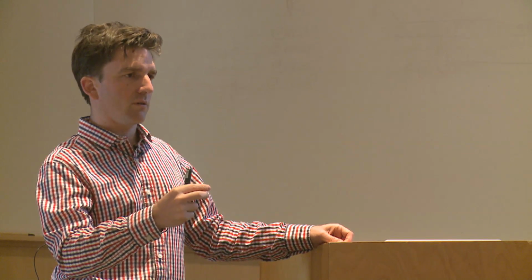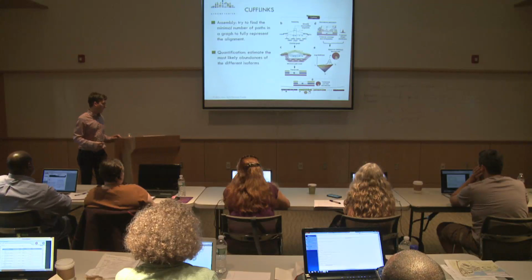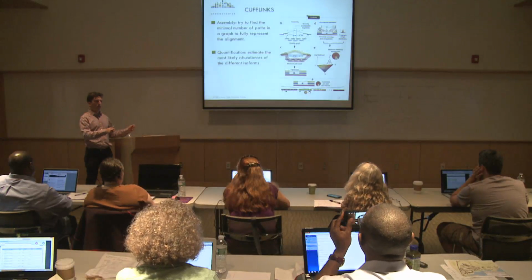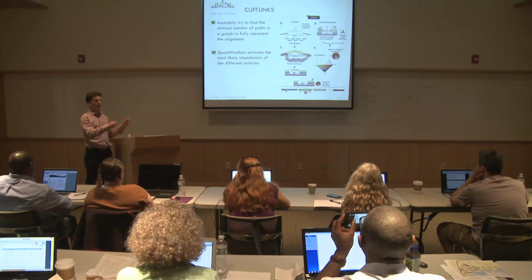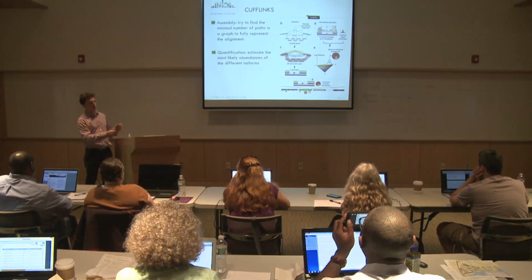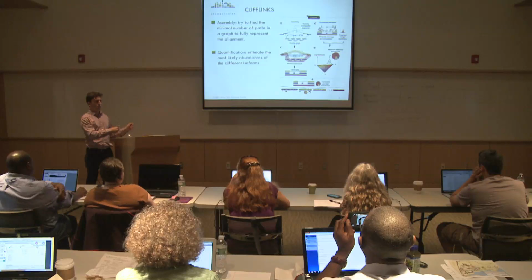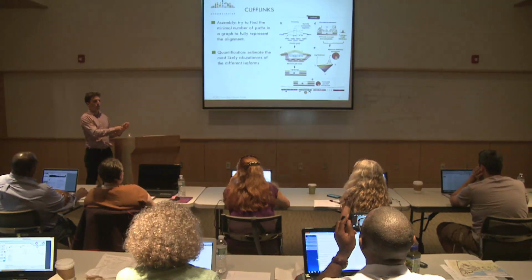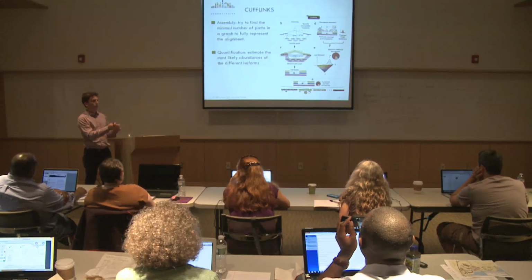And so again, you can tell it to determine how many isoforms there are to explain the alignment, or to restrict to the set of known isoforms. Okay? And that set of known isoforms will depend on the annotation file you provide. And as you know, annotation can be very stringent or very exhaustive. Okay? So in human, if I work with GenCode or with RefSeq, it's a different set of isoforms.